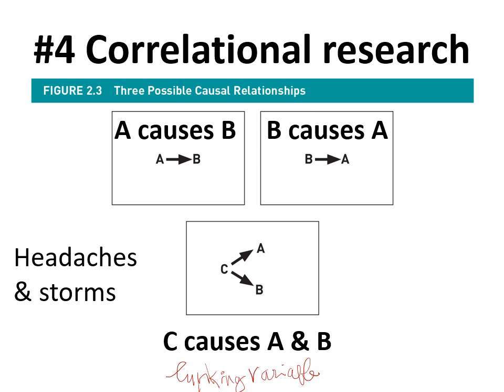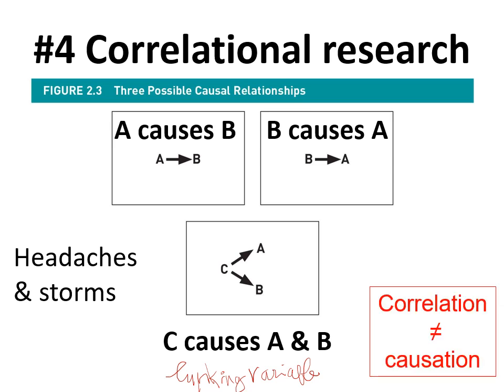Changes in air temperature are picked up in people's sinuses, in their eardrums, and can trigger headaches in sensitive individuals. Also, changes in air pressure can lead storms to occur when you have high and low pressure areas colliding with each other, right? So this is an example of a lurking variable.